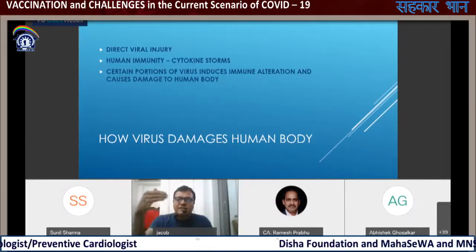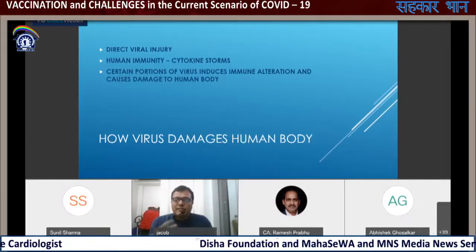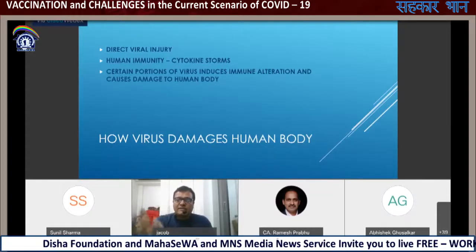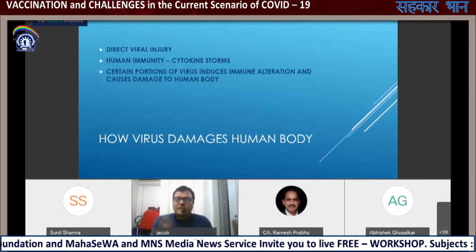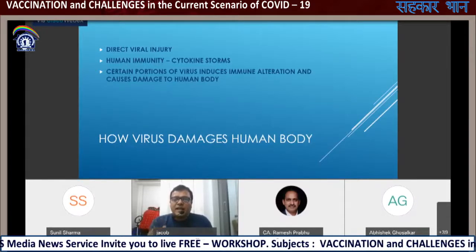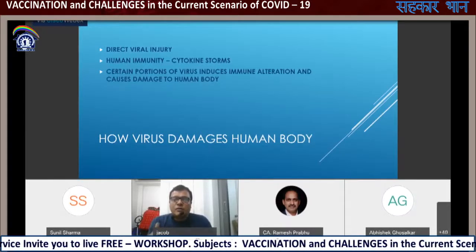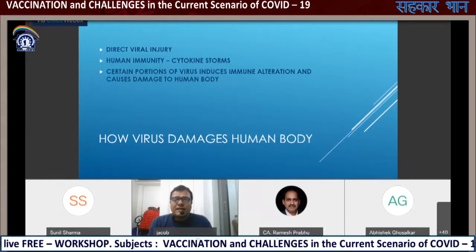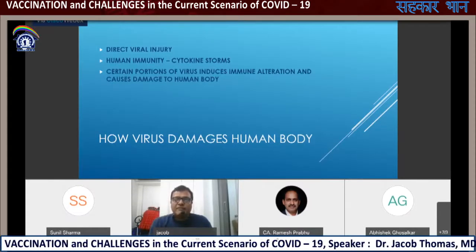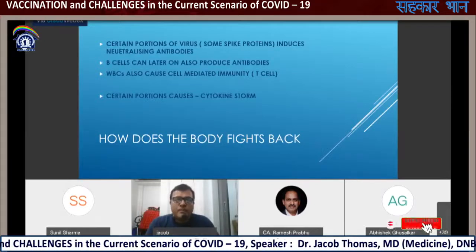But as age increases, the ability of the body to identify a new enemy decreases. So, coronavirus is a new enemy. It's difficult for the body to identify this new enemy, and that is why the body does not know how to respond to it, and that causes an immune alteration and a lot of manifestations of COVID infection.